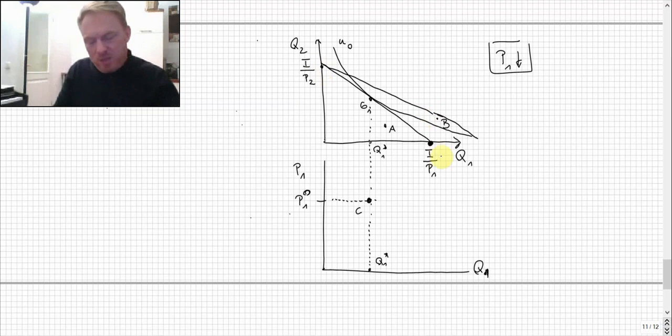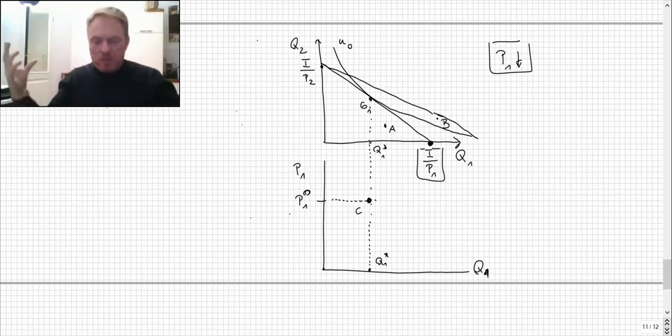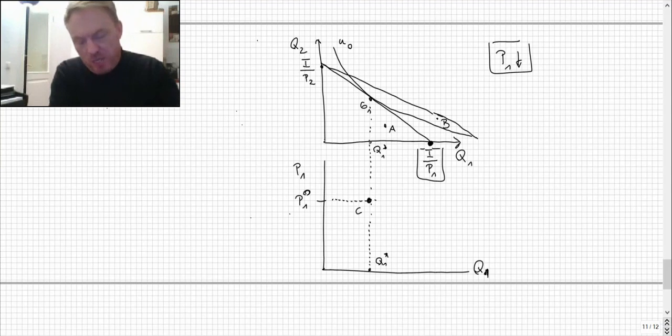Looking at this point, the income divided by P1, the denominator goes down and the fraction as a result goes up. Because if the numerator doesn't change and the denominator goes down, the fraction of course goes up. Which means that we have a second budget constraint, which is the next one.